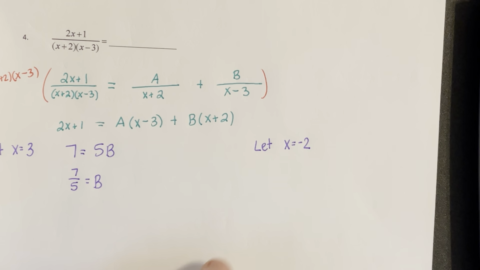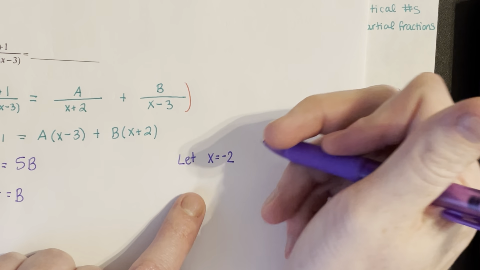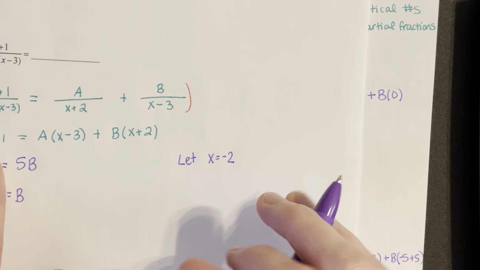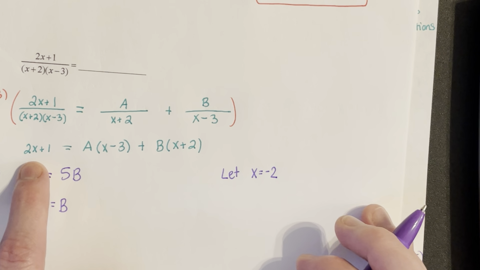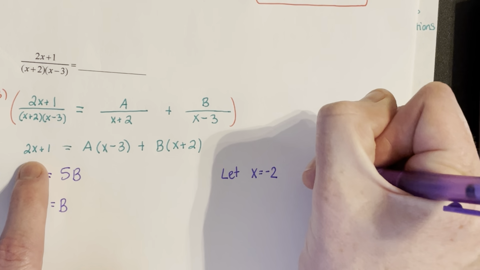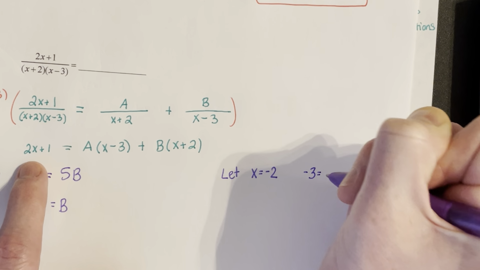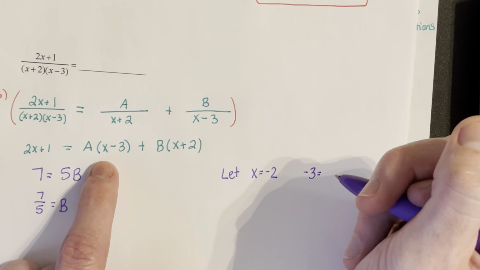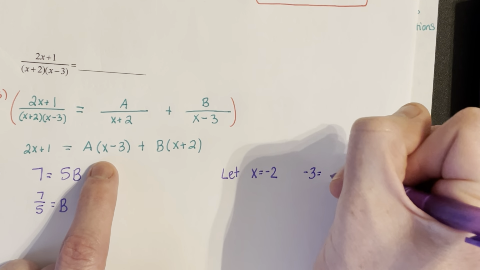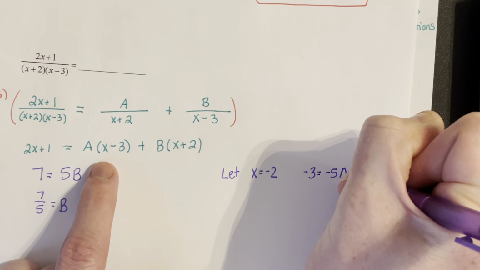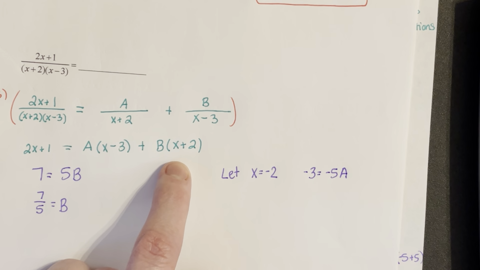And then we do it again here with x equals negative 2. So 2 times negative 2 is negative 4 plus 1 is negative 3. Negative 2 minus 3 is negative 5a. And then negative 2 plus 2 is 0, so 0b.